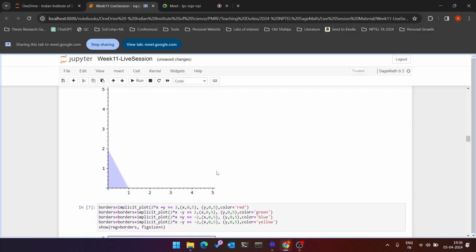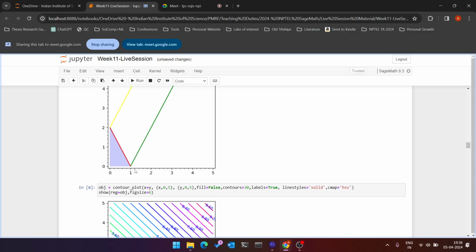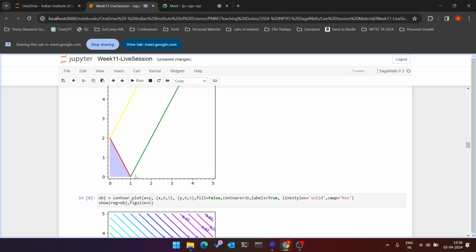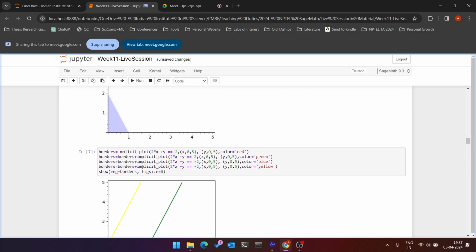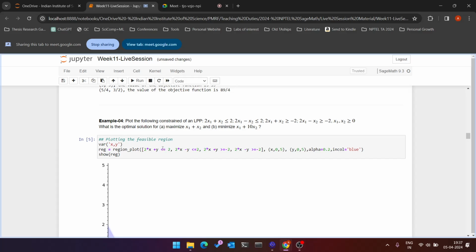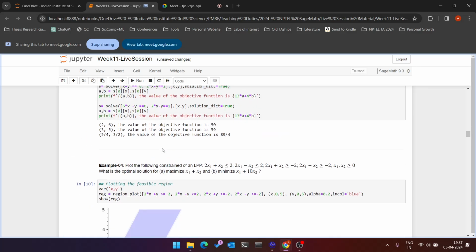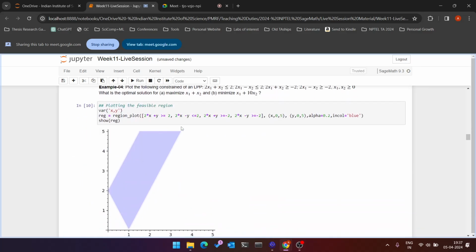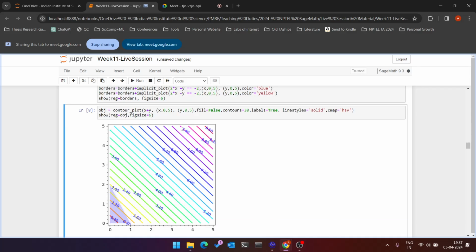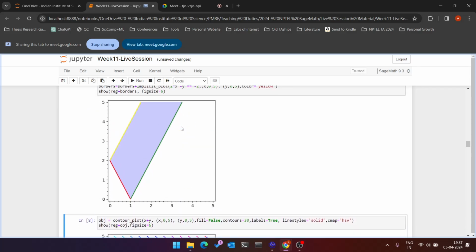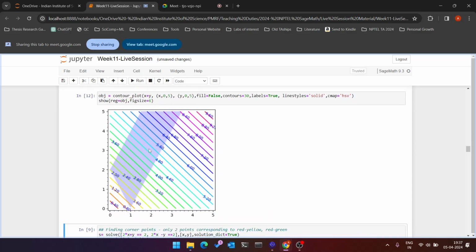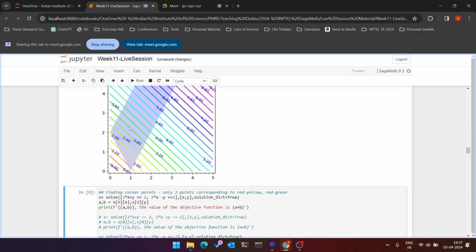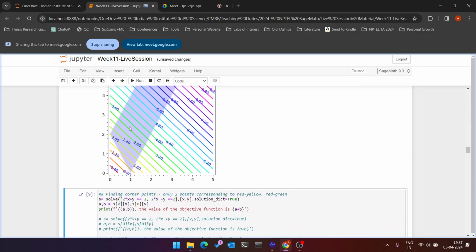Suppose, for whatever case, the inequality of the red line, which is 2x plus y less or equal to 2, is inverted the other way, so 2x plus y is greater or equal to 2. That will create a large unbounded region like this. If I now plot the contour plot for this region, I see that this has basically become an unbounded problem.